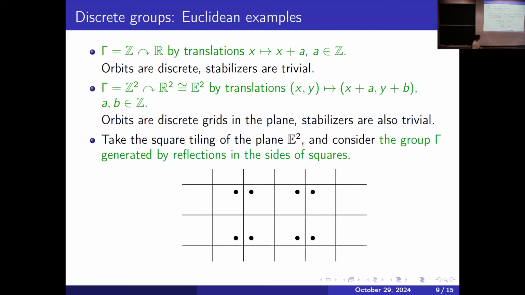You see, it also looks like a grid, so it's definitely a discrete subset, but it's not the same as the orbit for the group Z squared. But actually, what is interesting, it contains the subgroup Z squared.